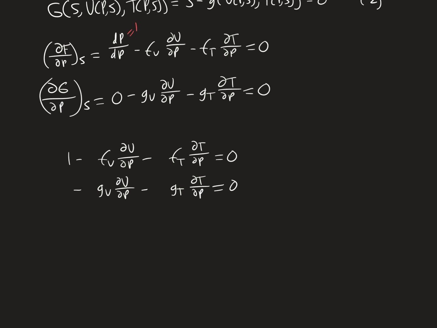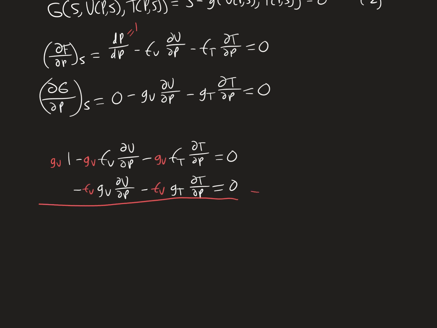Now we note that if we multiply the first equation with g_v everywhere, and the second equation with f_v everywhere, and we subtract the two, that these two terms will cancel out. So let's do that. We multiply the first equation with g_v everywhere, and the second equation with f_v everywhere. And then we subtract the two.